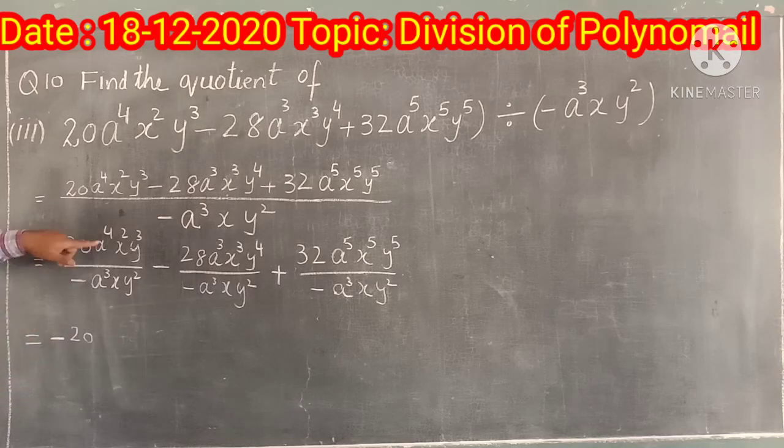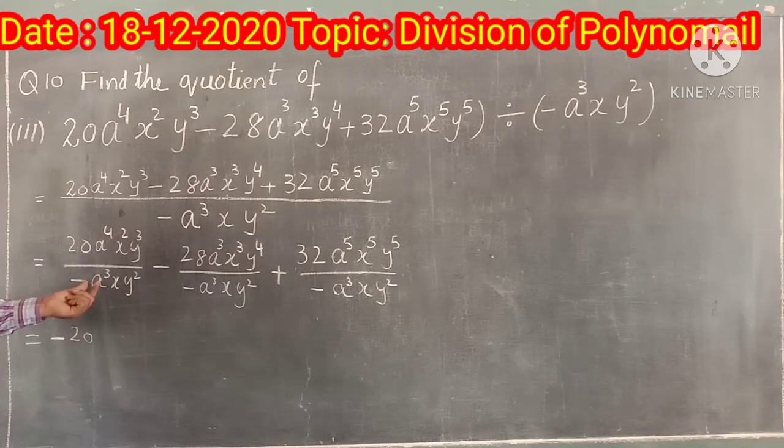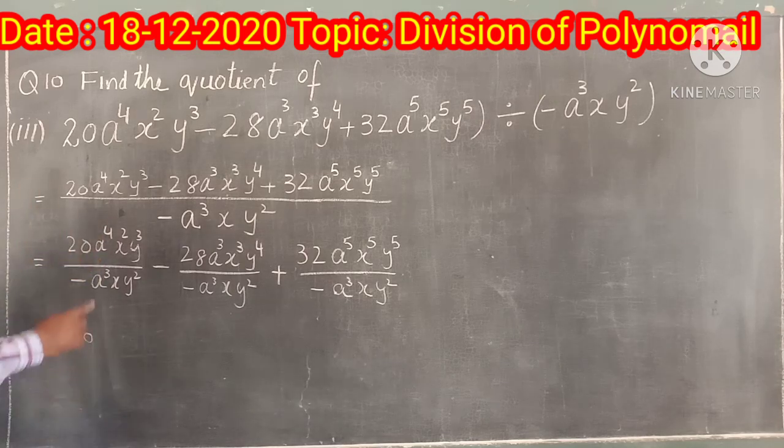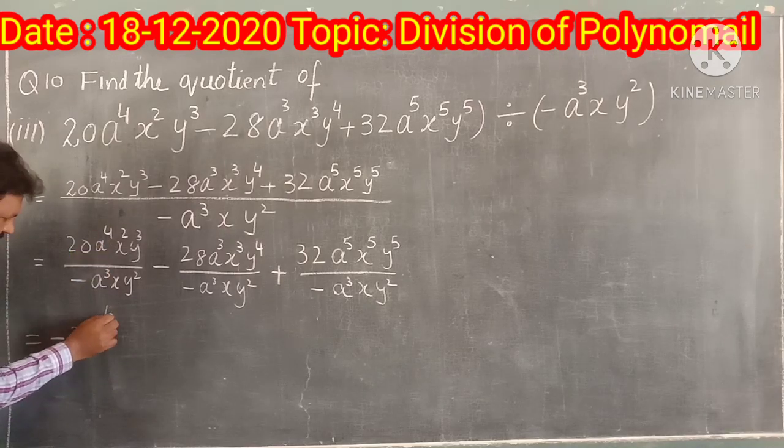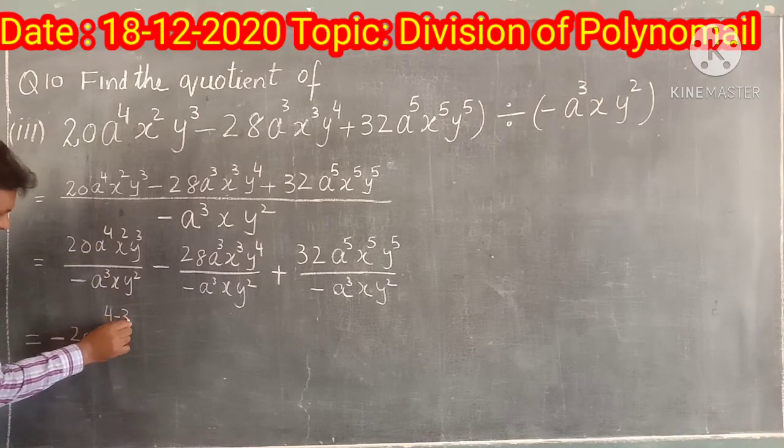Then we will use the same base rule. Its base is a, and the other base is also a. So we will subtract the power of this base from this: a power 4 minus 3.